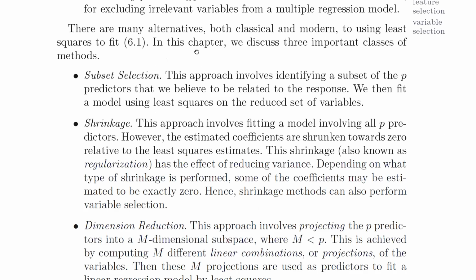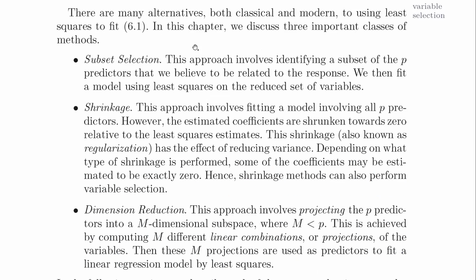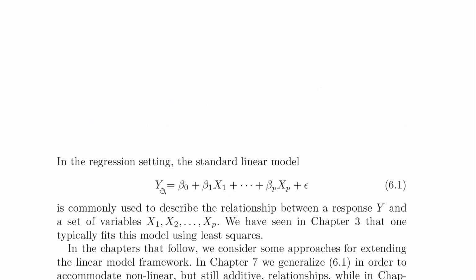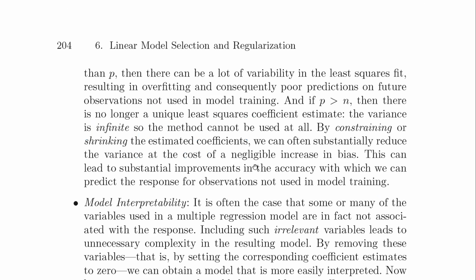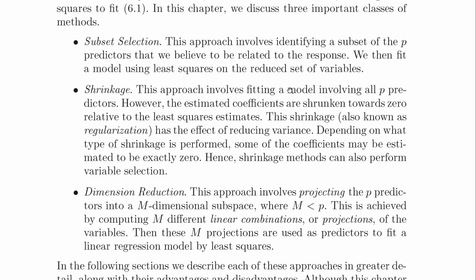Okay, there are many alternatives, both classical and modern. Alternatives to what? To using least squares to fit this expression. In this chapter, we discuss 3 important classes of methods.